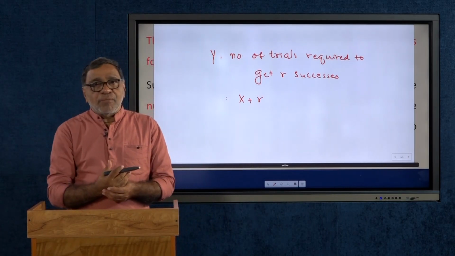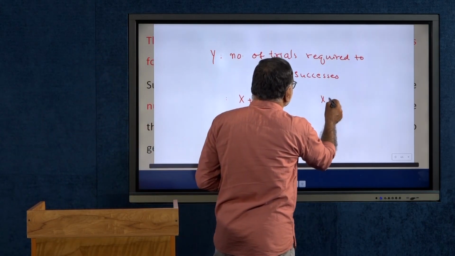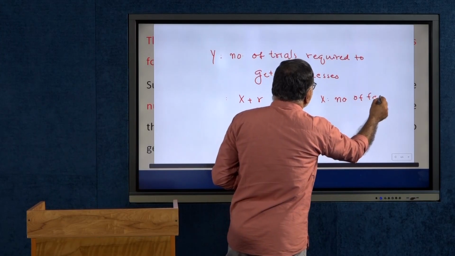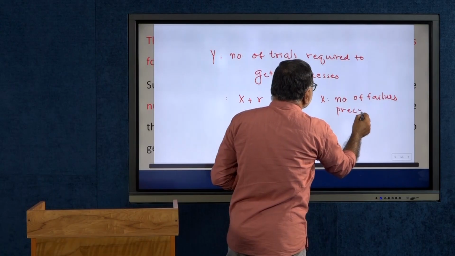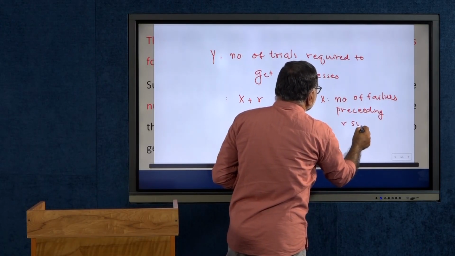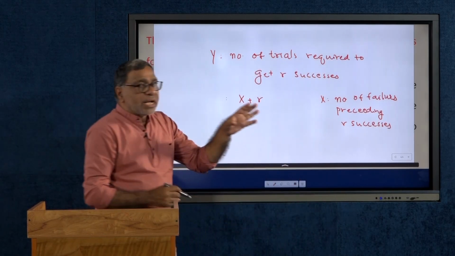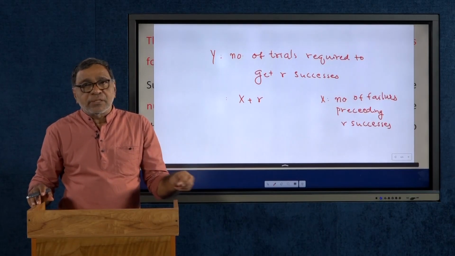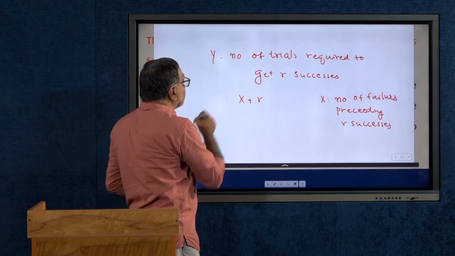If y is the number of trials required to get r successes and x is the number of failures preceding r successes, then y is nothing but x plus r.